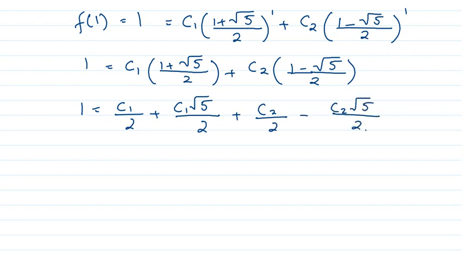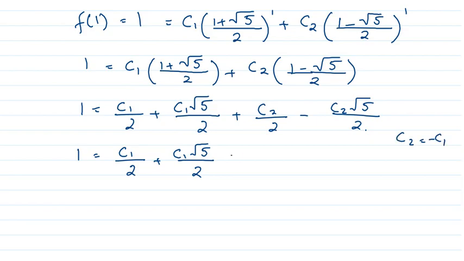Sorry, I cancelled them, but they can't cancel each other because this is C1 and this is C2. Now I'm going to plug in that C2 is equal to minus C1, right?